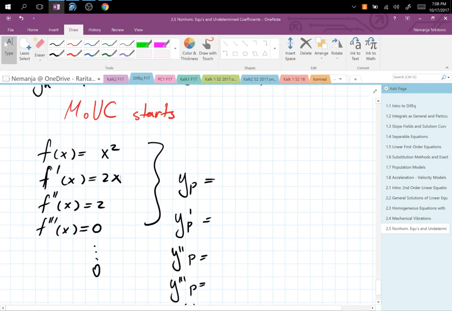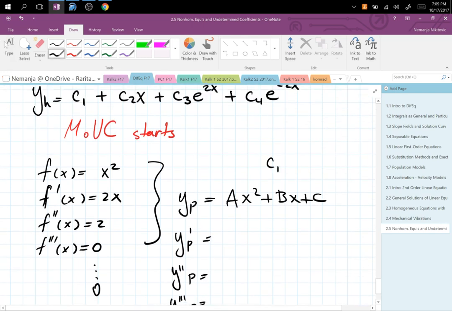Because when you take a look at the derivatives here, you are going to have ax squared plus bx plus c. The solution already contains c1 plus c2x, which repeats right there.